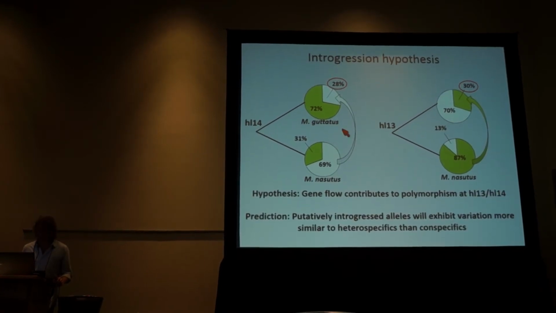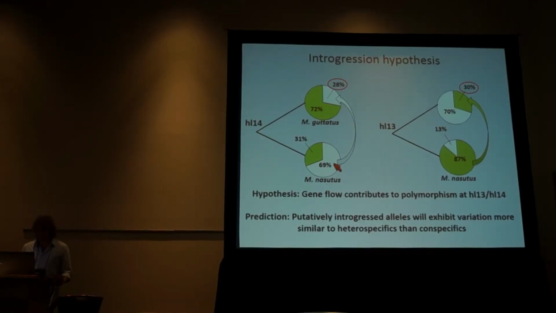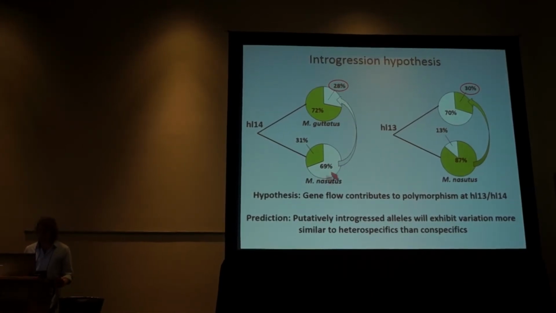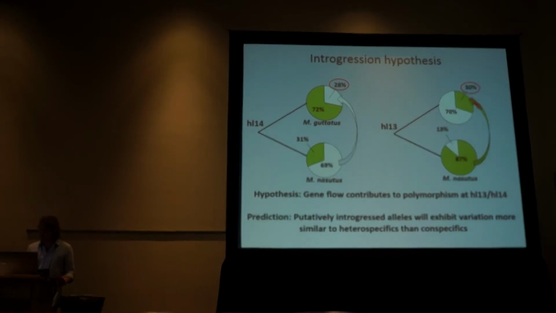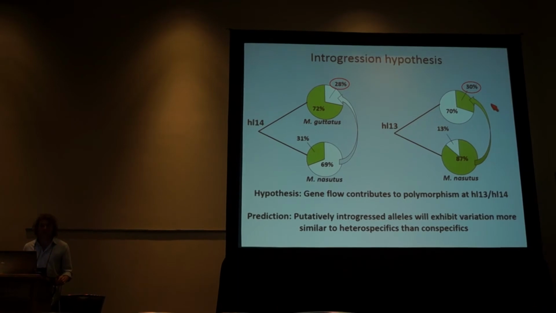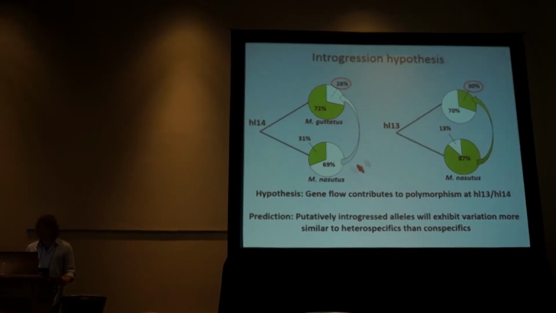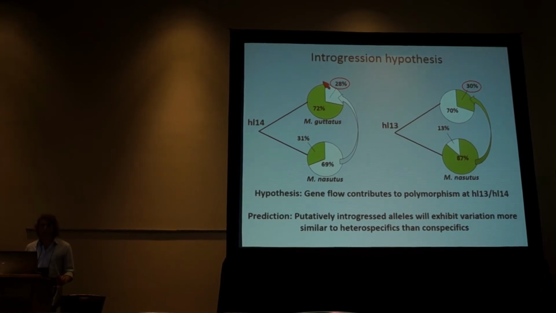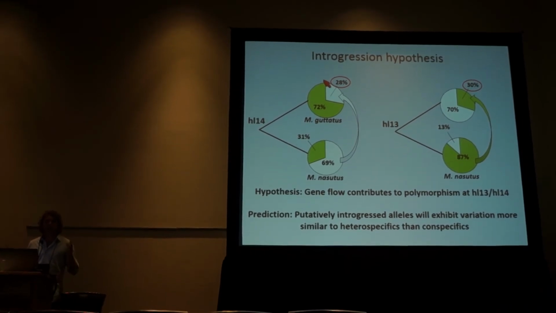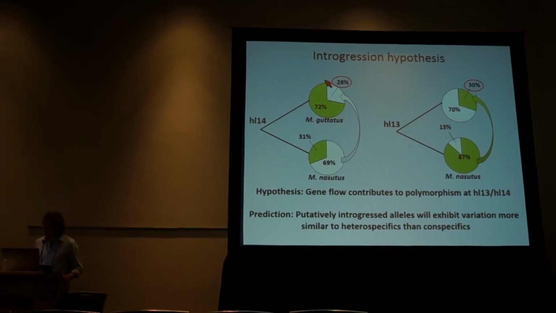One reasonable hypothesis is that there's simply some unidirectional introgression from Nasutus contributing to the Guttatus gene pool. These are recessive alleles, and it might be relatively easy for alleles from here to introgress into the Guttatus background. This would ultimately lead to the demise of the hybrid incompatibility in the system.